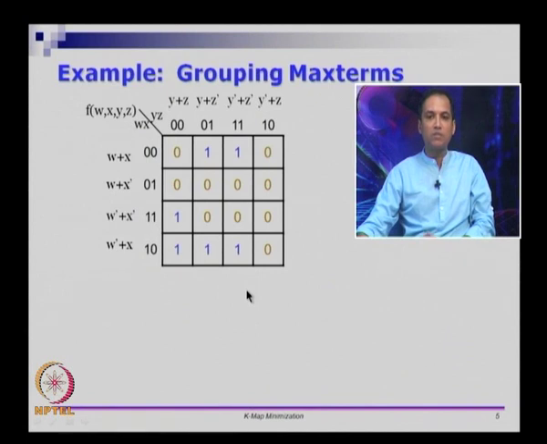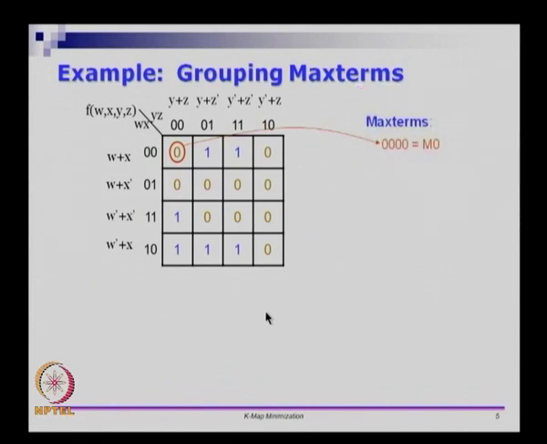For product of sums we are going to group the zeros together. So let us start with what the different max terms are. Each 0 is a max term. So this corresponds to the max term capital M0, which is the same as W plus X plus Y plus Z. You can see that by doing a logical OR of this with this: W plus X, or Y plus Z, that is the term 0 0 0 0.